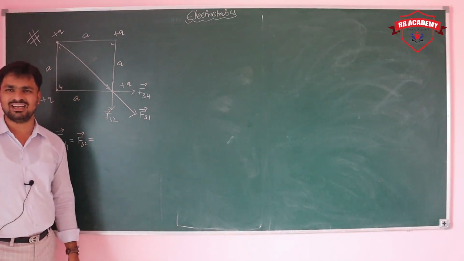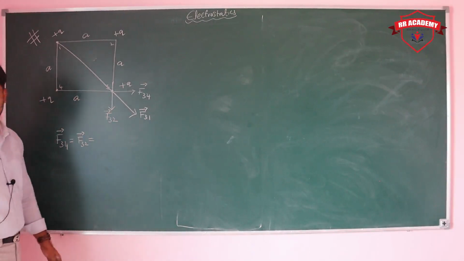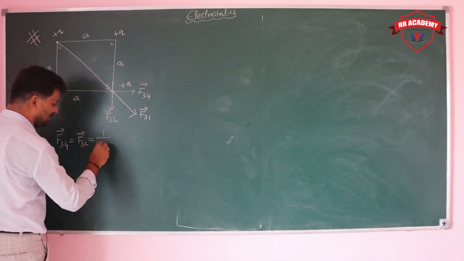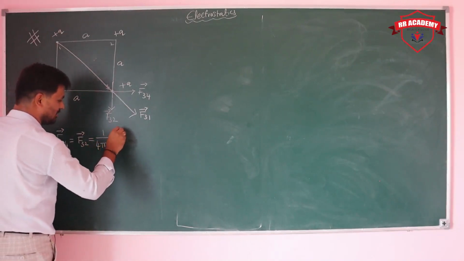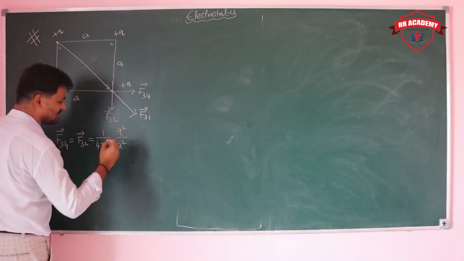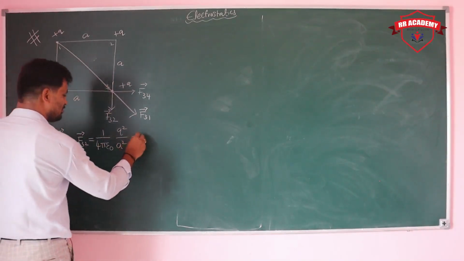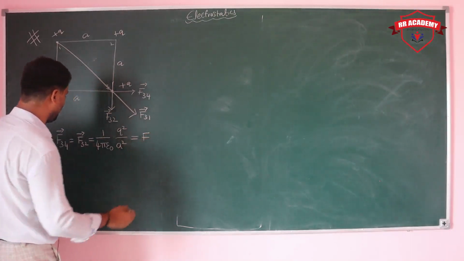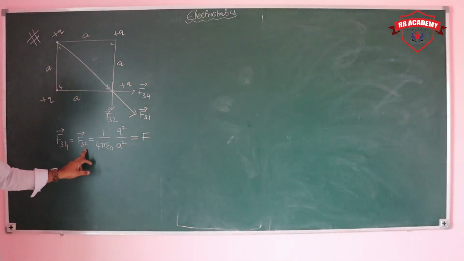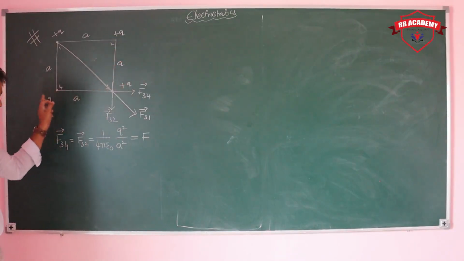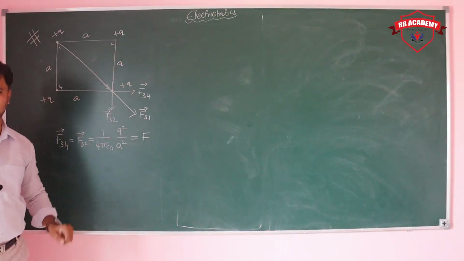So the value is 1 by 4 pi epsilon naught q square upon a square, which we can call F, because these two forces are equal, both with magnitude q only, same distance.